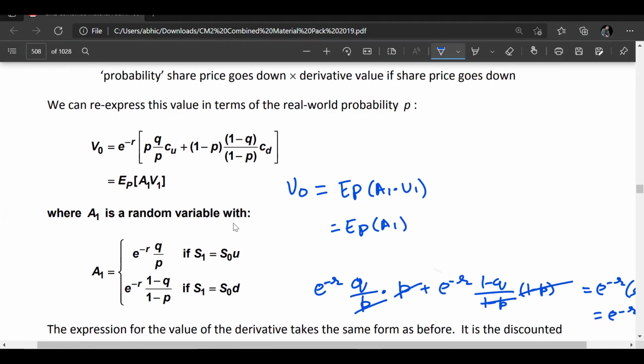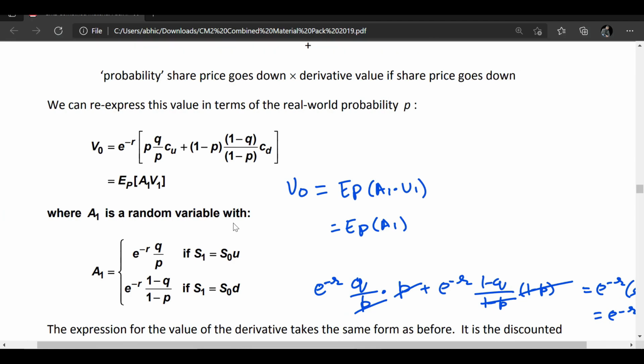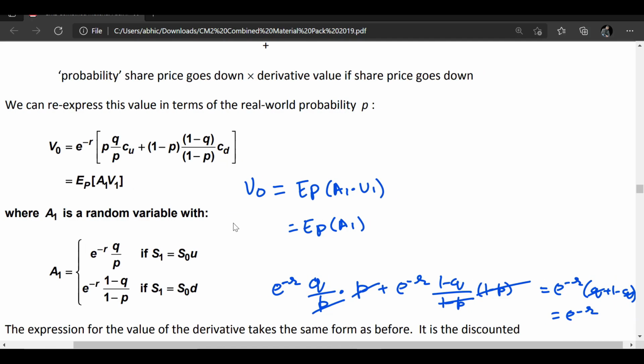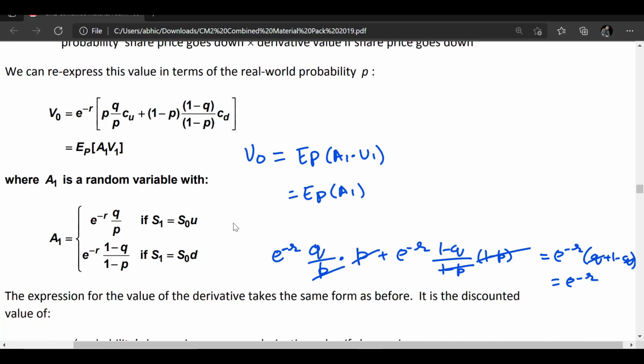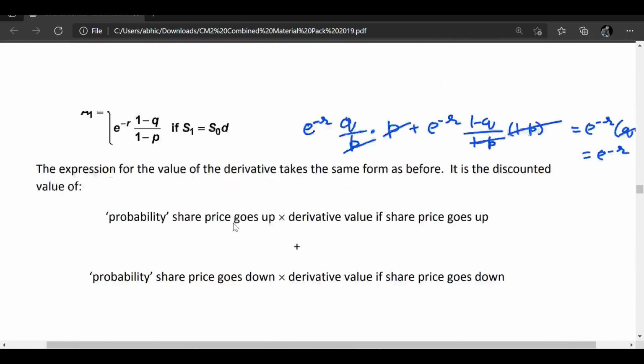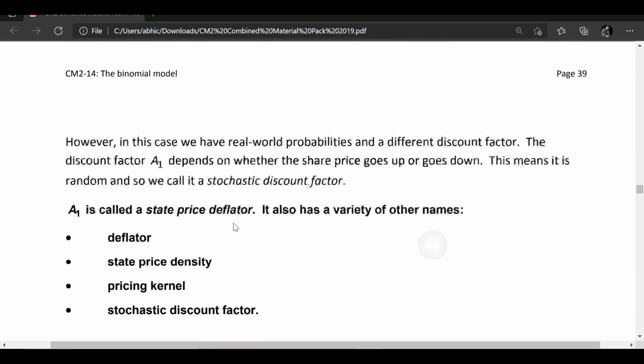So if there is a derivative which always leads to a unit cash flow at time 1, then its current price will be e to the power of minus r, because it's simple. It's just that unit price of 1 pound discounted with a rate of r, so it becomes e to the power of minus r. That's it. That's how simple it is. Okay. There is no uncertainty around it, because the payoff is always 1.